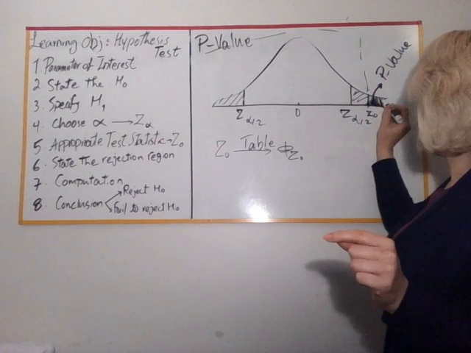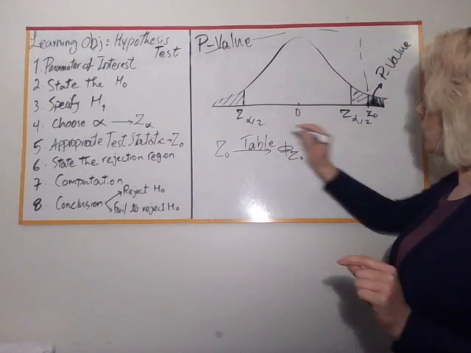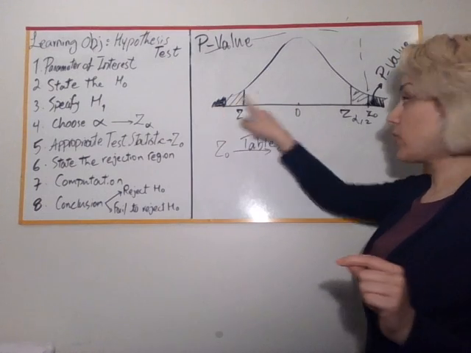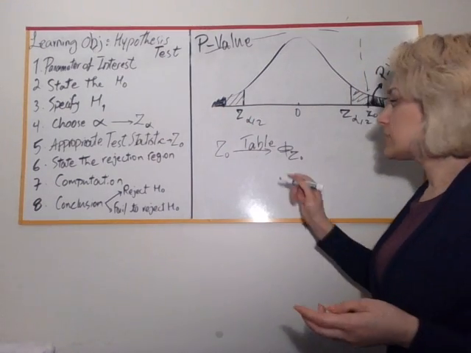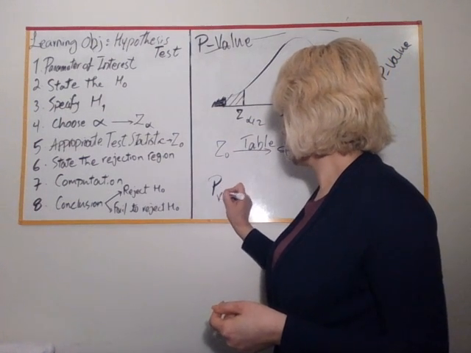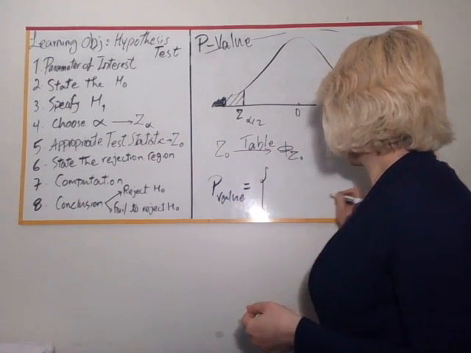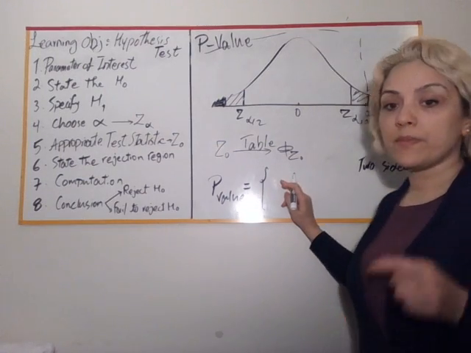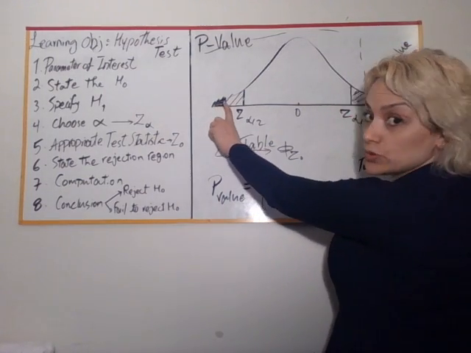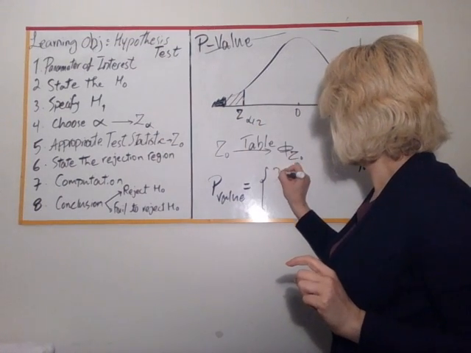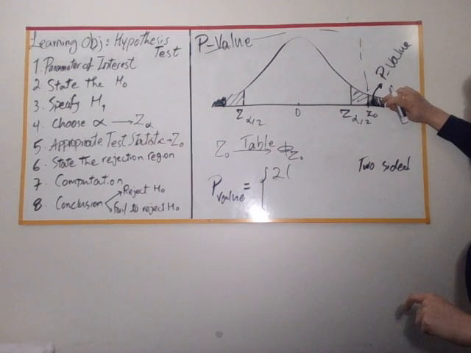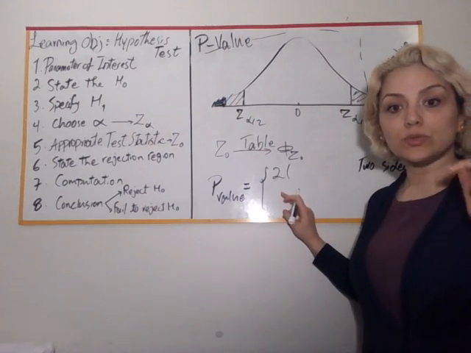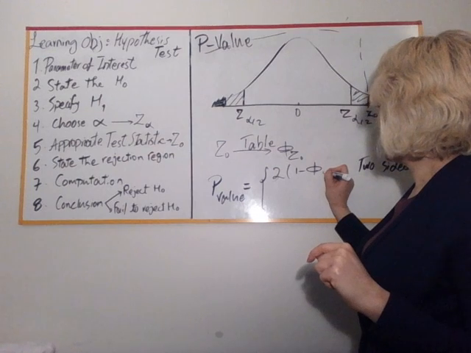So p-value, if it's two-sided, is going to be 2 times 1 minus phi at z0.